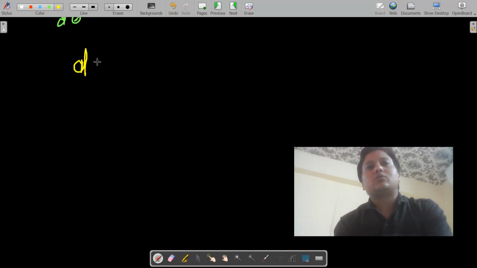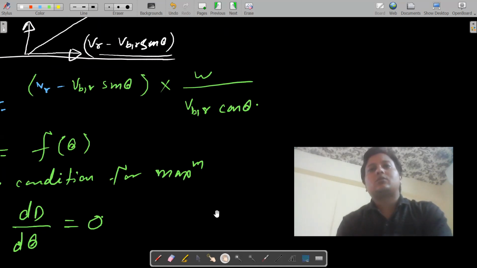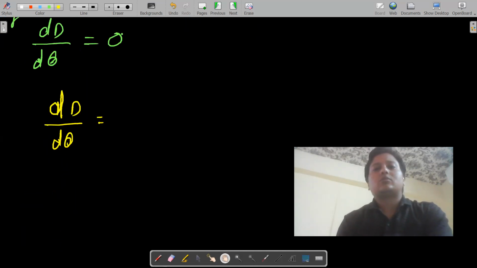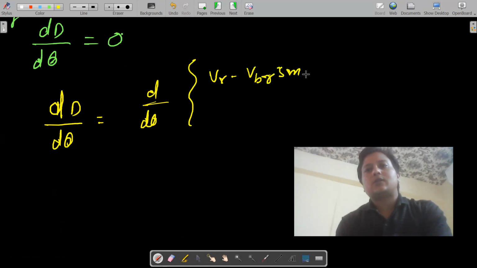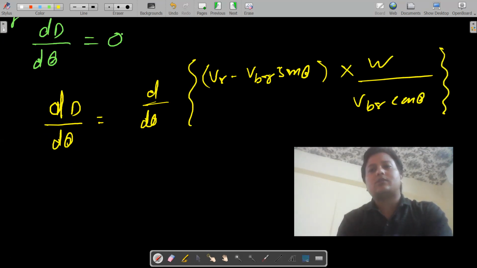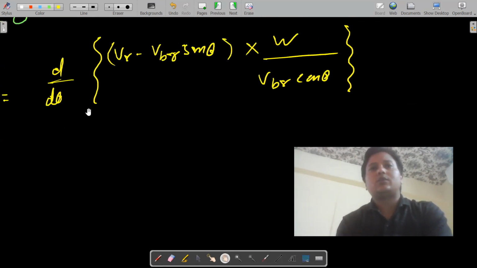So what will be dd over d theta? It is d over d theta of Vr minus VBR sin theta multiplied by W over VBR cos theta. Here W and VBR are constants, so we can take them out of the differential sign.